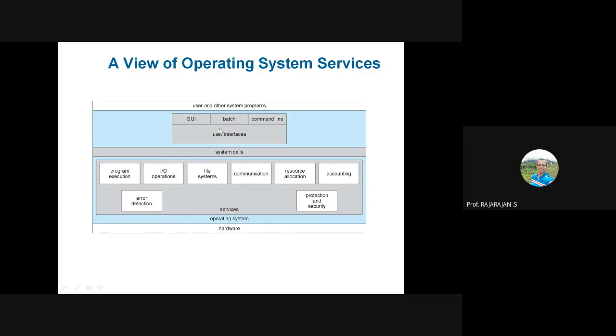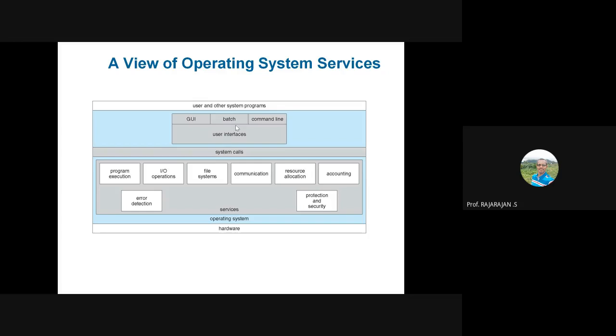The first service is providing a user interface. We know that there are three types of interfaces available: GUI, batch, and command line. GUI is currently the predominant user interface for operating systems; Windows-based OSs are examples. Command line is the older one, used under Unix-based operating systems, and even MS-DOS was command line based.